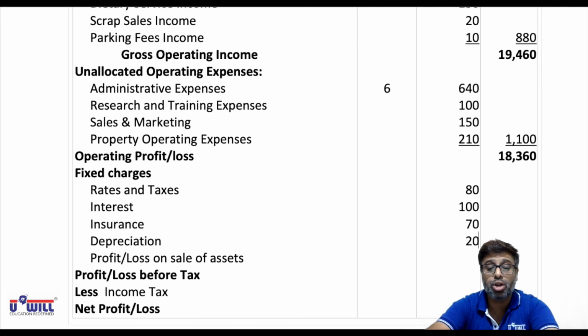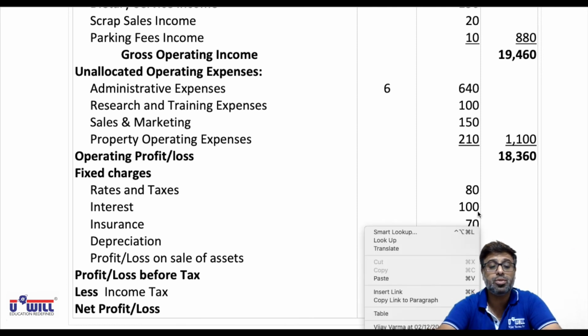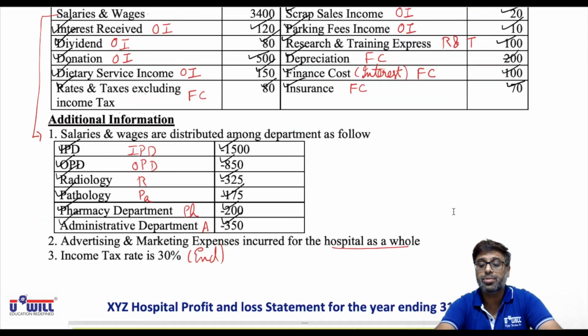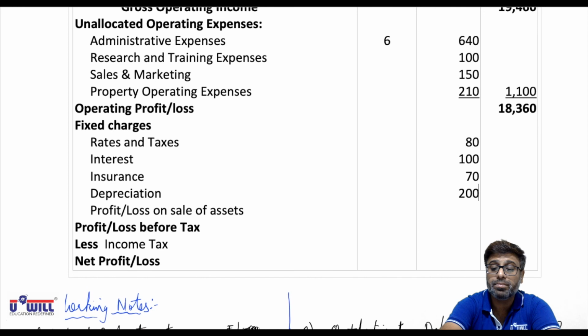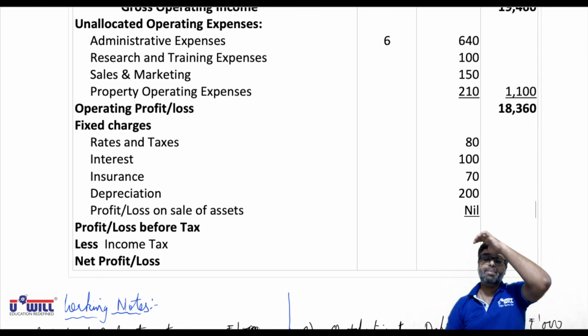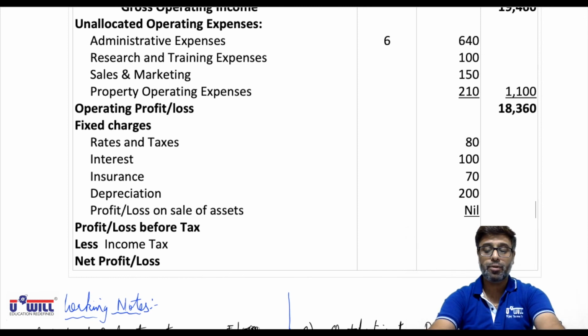Then profit or loss on sale of assets we don't have in this question. So nil. And the total amount that will come in the outer column will be 80 plus 100, 180 plus 70, 250 plus 200, 450.